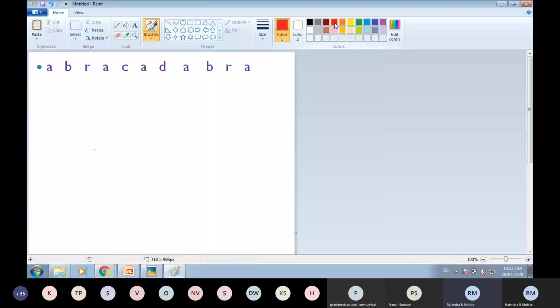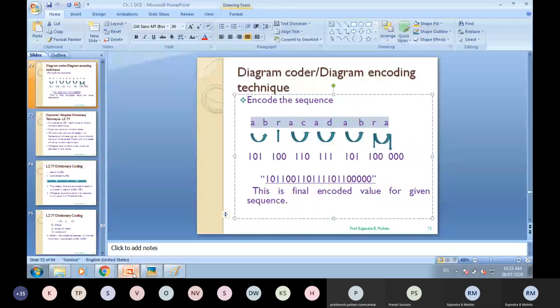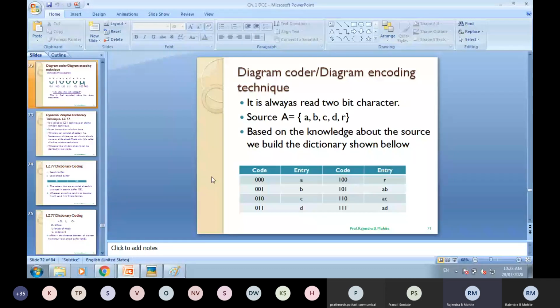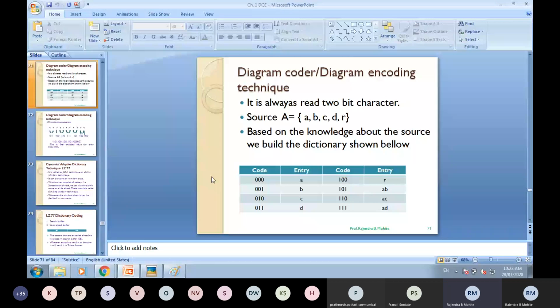We can start with the first alphabet, A. A is already encountered, as you can observe here, because A is present previously. So based on this code, A has an entry in the code. A represents 000 here. So A is already present.